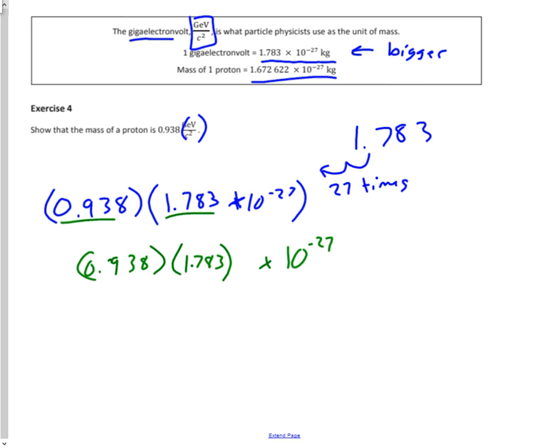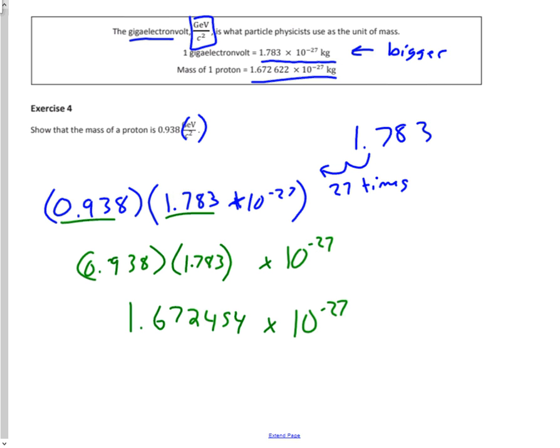0.938 times 1.783 is equal to, let me make sure I did that right, 1.6725454. Now it's slightly different than what it says up above, but we're going to keep it as it is because it's very, very close.